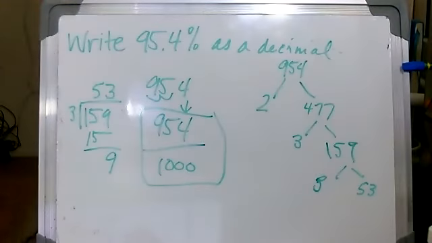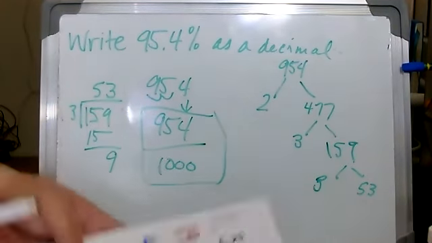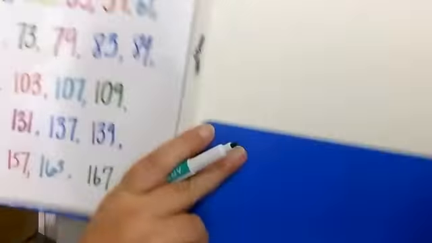Now, is the sum of the digits divisible by 3? 5 plus 3 is 8, so it is not. It's not divisible by 4 because it's not even. It's not divisible by 5 because it's not a 0 or a 5. Okay, so none of these other divisibility rules apply, so let's look at the back where our prime numbers are.